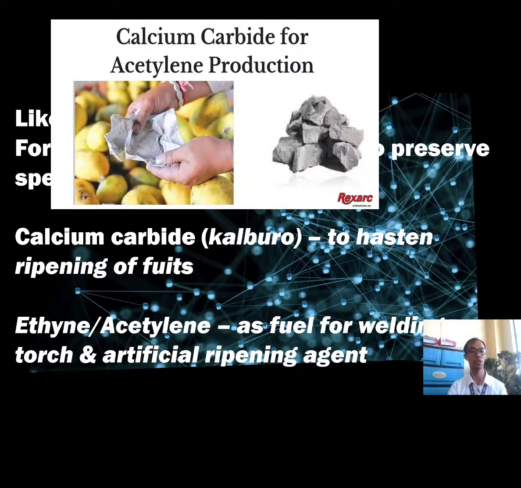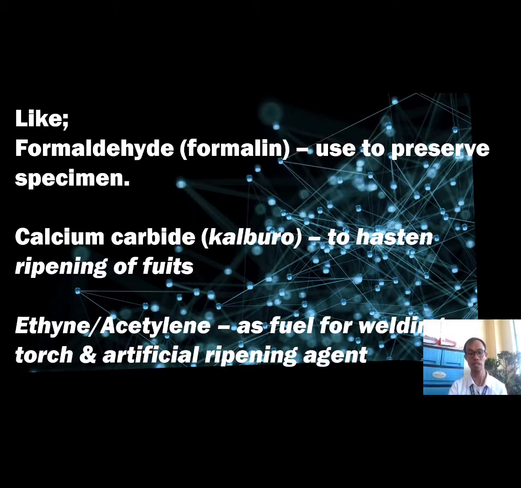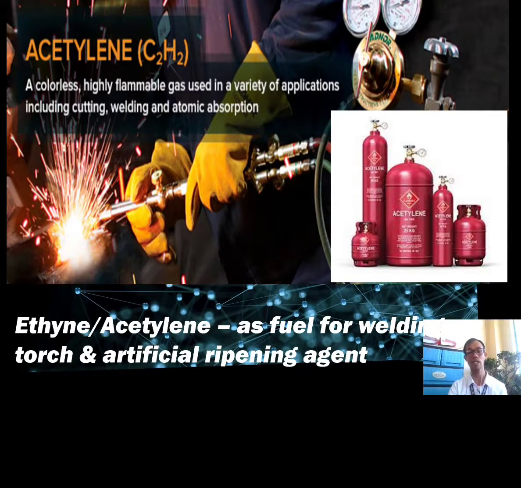Next is calcium carbide or the Calboro. If you only knew, calcium carbide or Calboro has an effect to hasten the ripening of fruits, whether mango, bananas, or any other fruits. Next, you have ethine or acetylene.